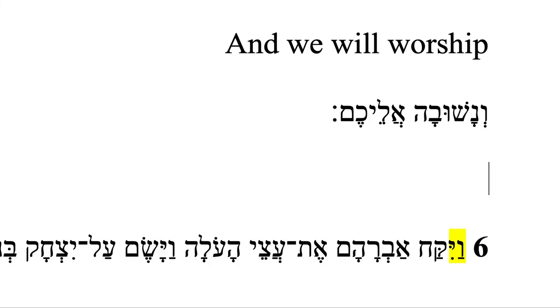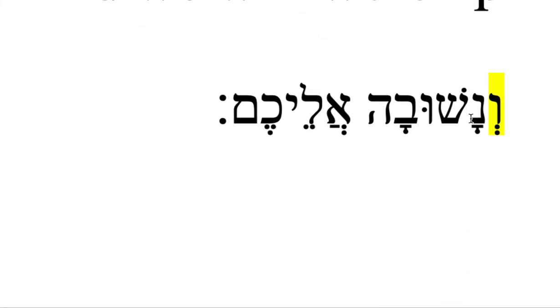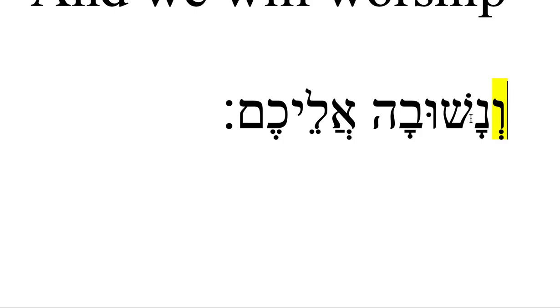And the final sentence, va nashuva alechem. We have clearly a verb right here at the front. To parse this verb, you all see the vav at the front. And then trying to figure out what verb it is, you can start by eliminating things either from the front or from the end.